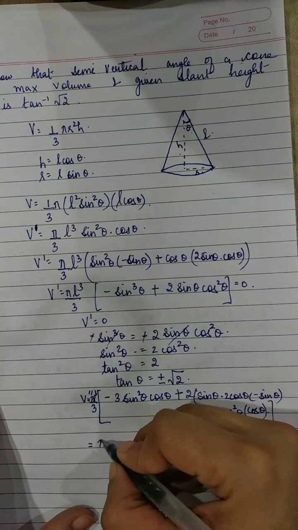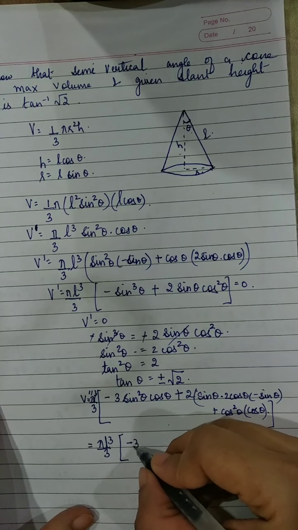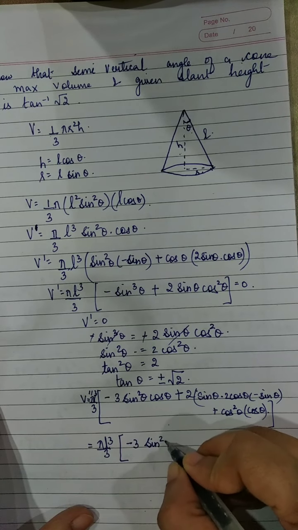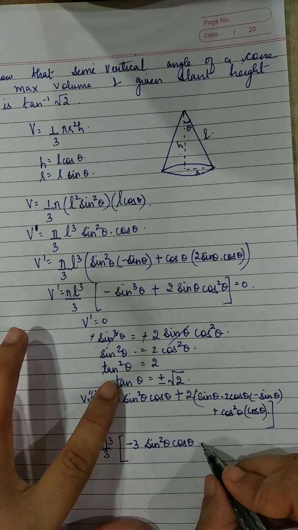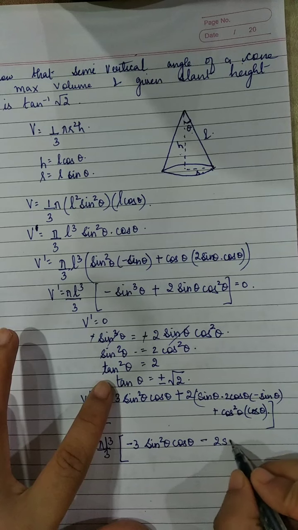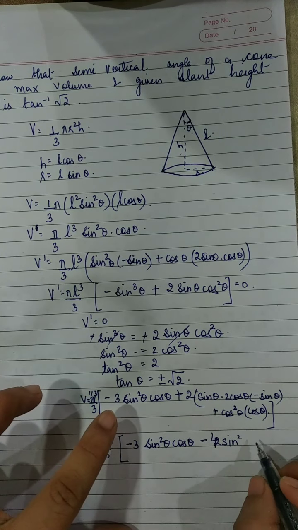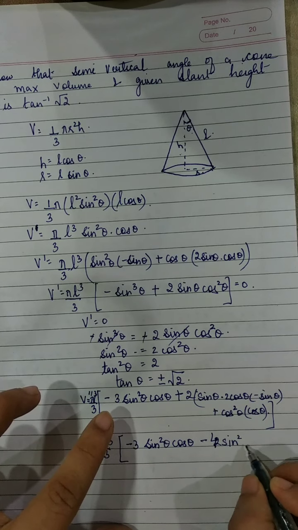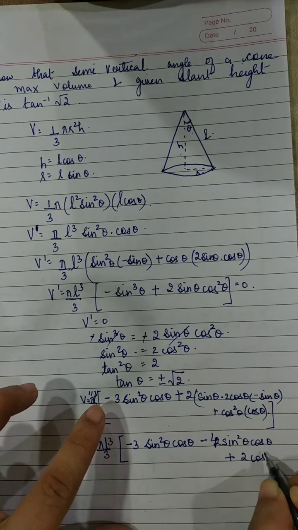So this is pi L cube upon 3 times minus 3 sine square theta cos theta, minus 4 sine square theta cos theta, plus 2 cos cube theta.